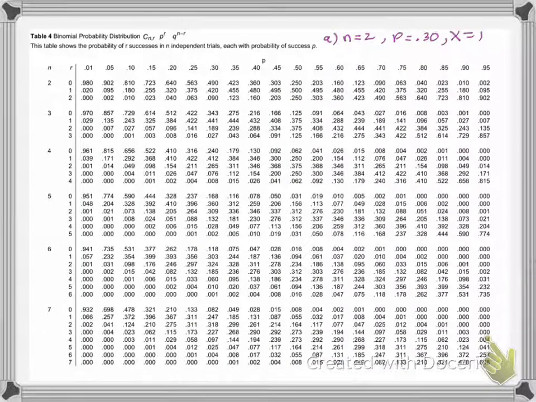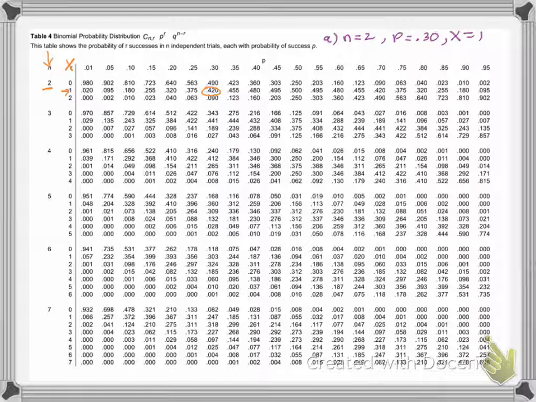In the table, the categories are n, so n is 2, and R is actually x. In the notes that I gave you, the binomial distribution uses x instead of R. x is 1, so we look at this row, and then p is 0.30. If you look there, we see we have our 0.42.